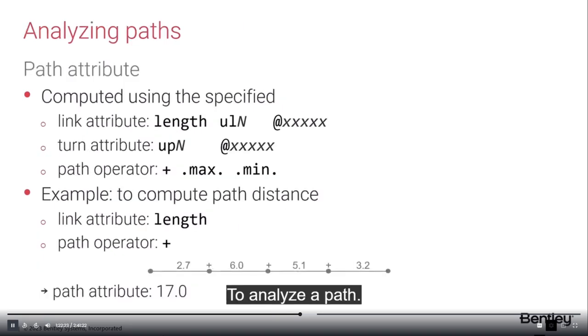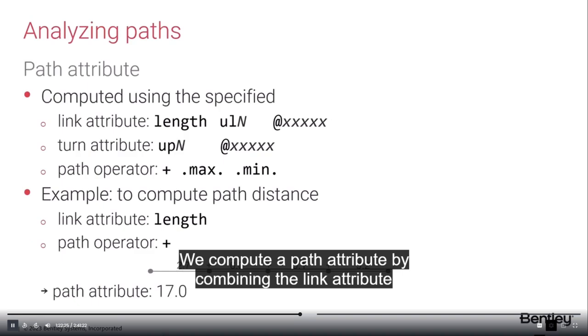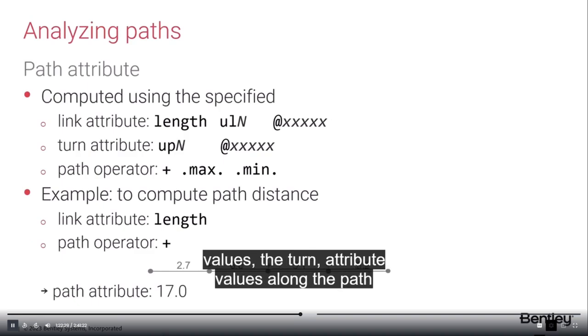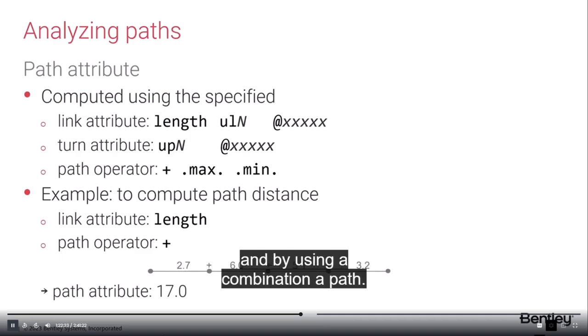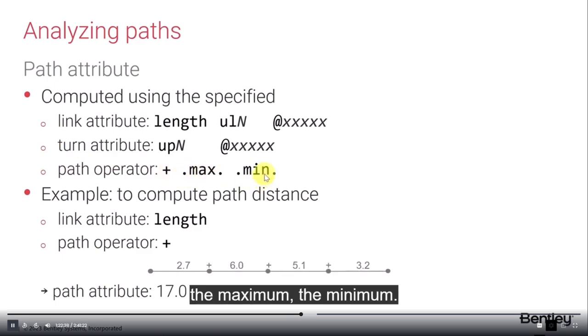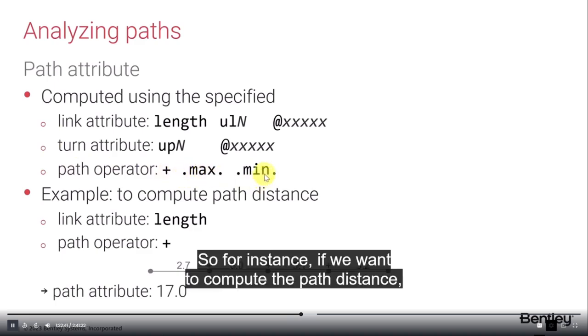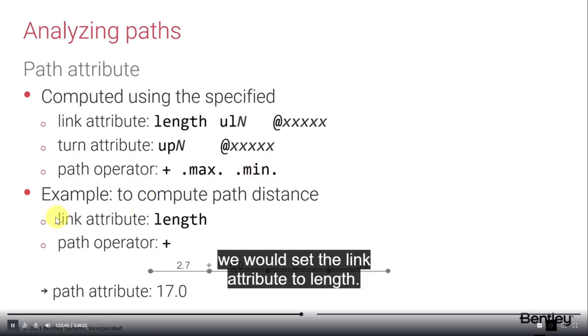To analyze a path, we compute a path attribute by combining the link attribute values and the turn attribute values along the path, by using a combination, a path operator. So the plus, the summation, the maximum, the minimum. For instance, if we want to compute the path distance, we would set the link attribute to length.